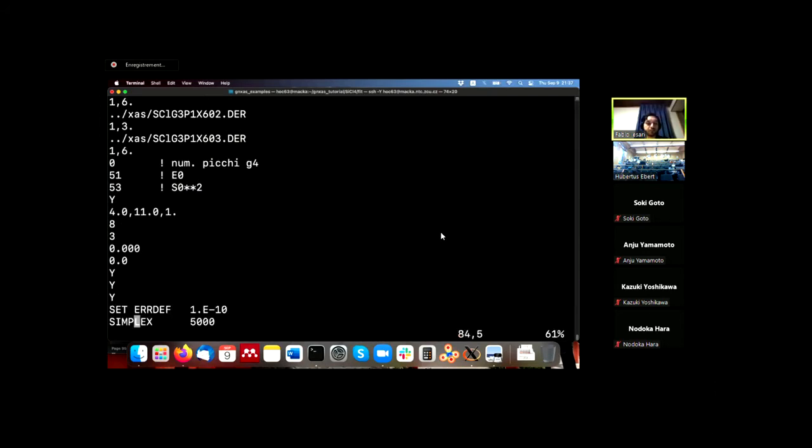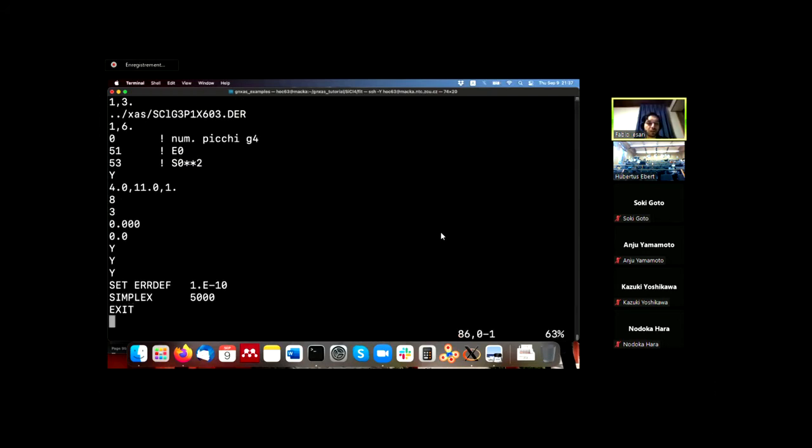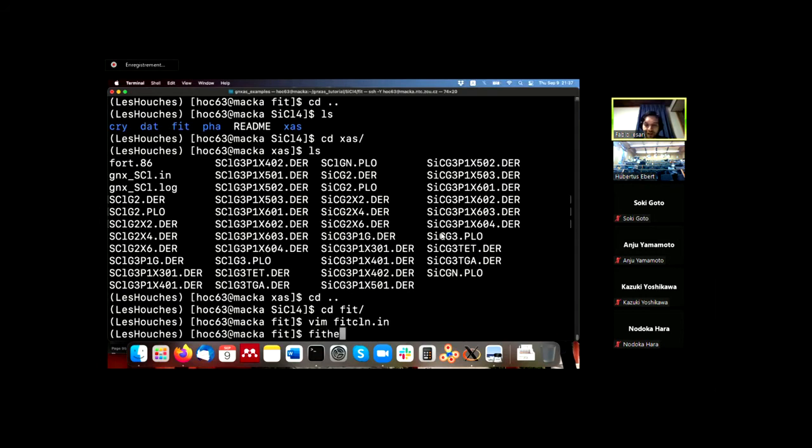Okay, I hope everyone changed this one. Then we can save and quit and try to run it. As I said, the program is called video, so we do video, left arrow and the name of the file, and we run it.